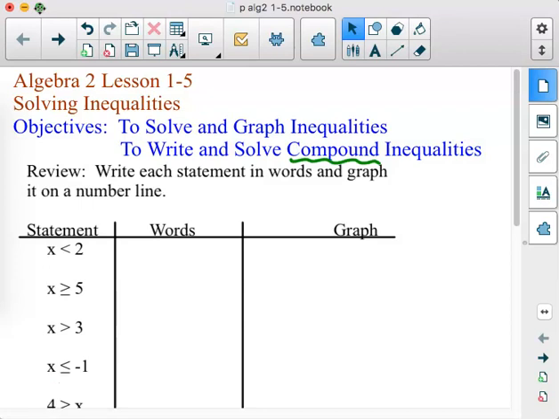So, compound inequalities. When I was a pharmacy technician in the military, there were certain medications that didn't come from a pharmaceutical factory that doctors wanted us to make. And those were compounds because they'd say, put this together and this together and this together, mix them all up.